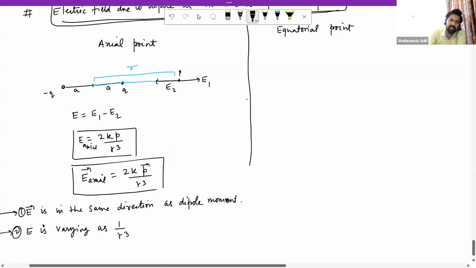What do we understand about the equatorial point? Give me one moment.